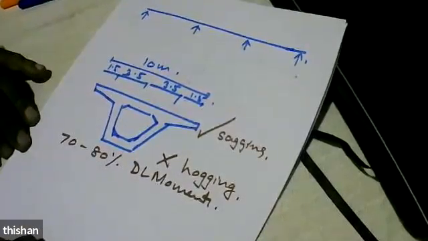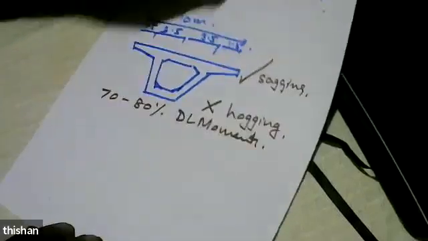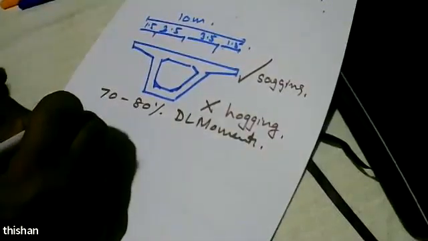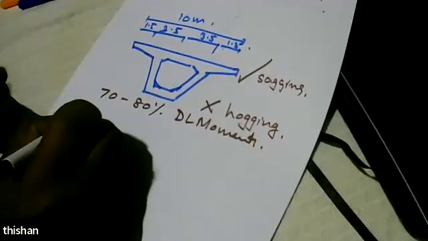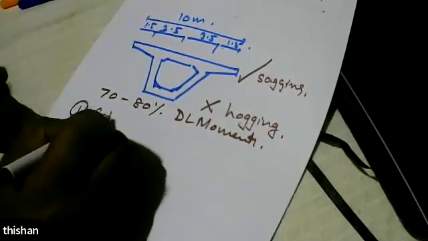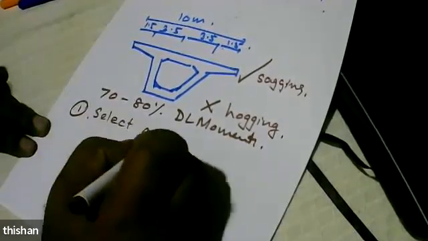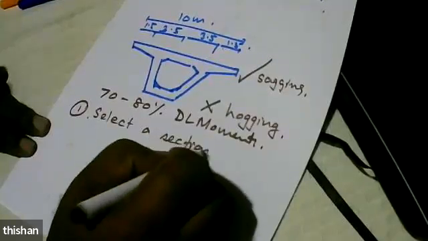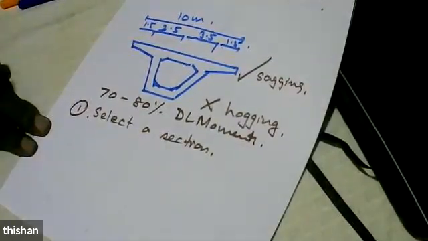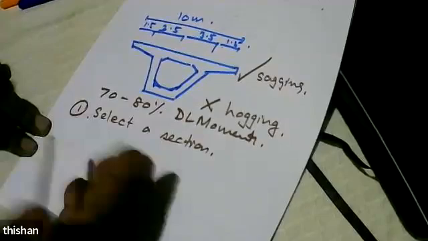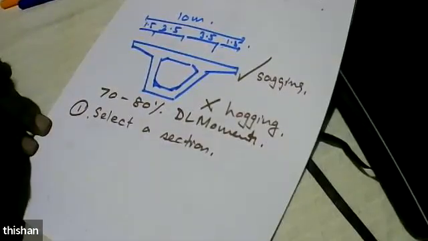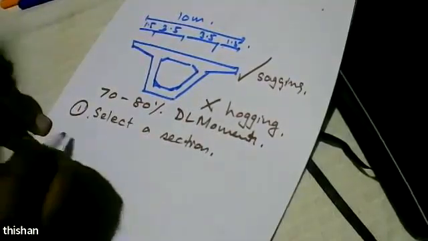So the design method we thought of was, okay, let's see. One, select a section. Now, when you are selecting a section, do you have to worry about secondary moments? No, we select the section.